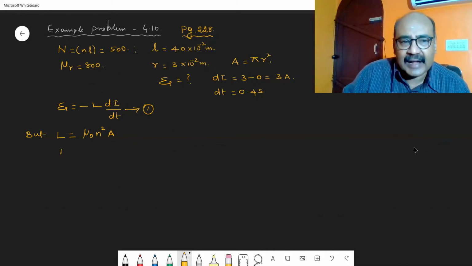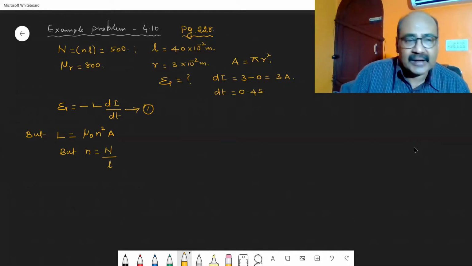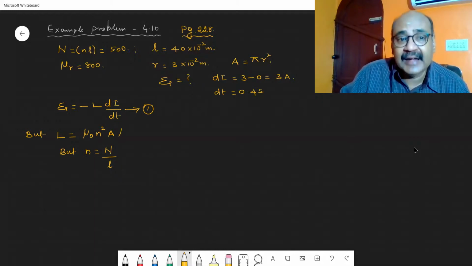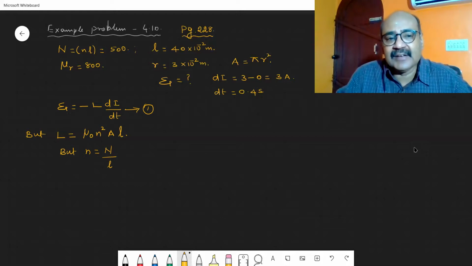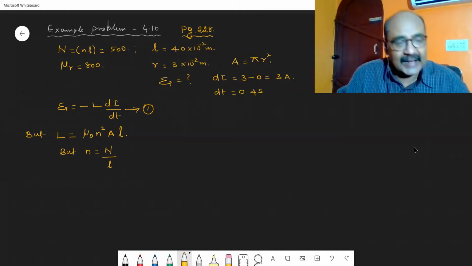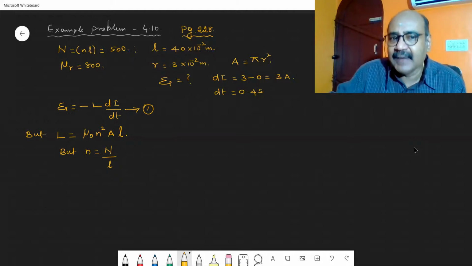But we can write it like this. Instead of small n, I can write capital N divided by L. You are considering mu 0 into n square into a into L. So we know that small n is equal to capital N divided by L. Taking this value and substituting it here. Moreover, the medium has a relative permeability of mu r.